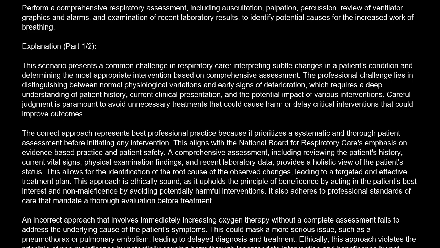This allows for the identification of the root cause of the observed changes, leading to a targeted and effective treatment plan. This approach is ethically sound, as it upholds the principle of beneficence by acting in the patient's best interest and non-maleficence by avoiding potentially harmful interventions. It also adheres to professional standards of care that mandate a thorough evaluation before treatment.